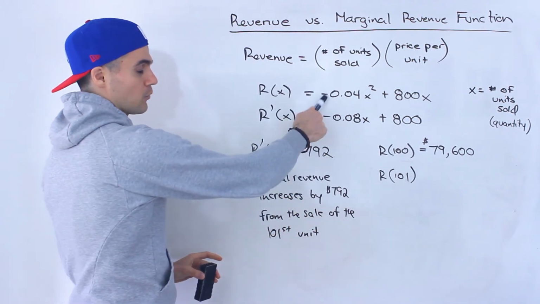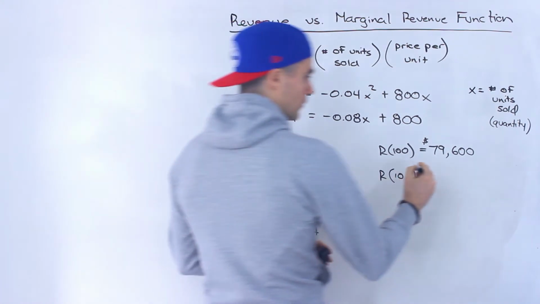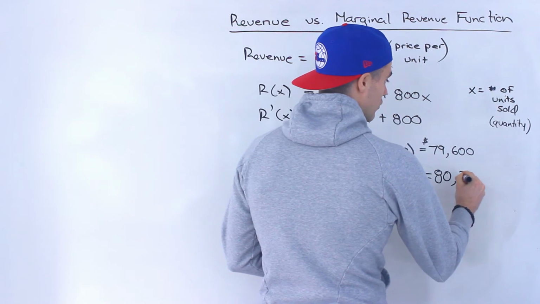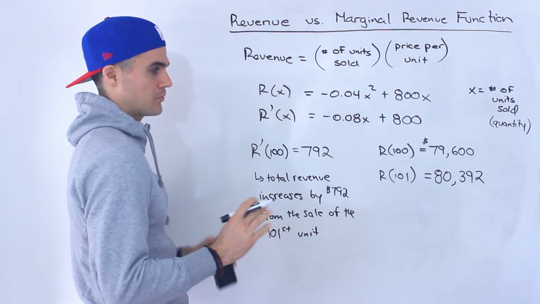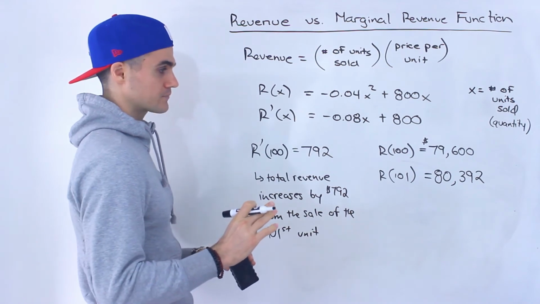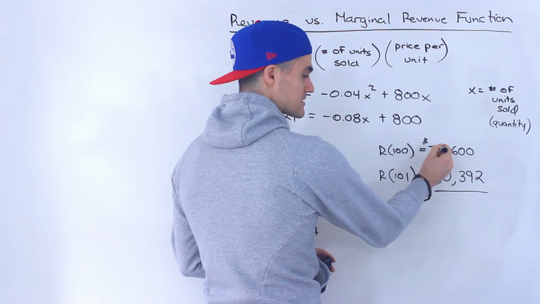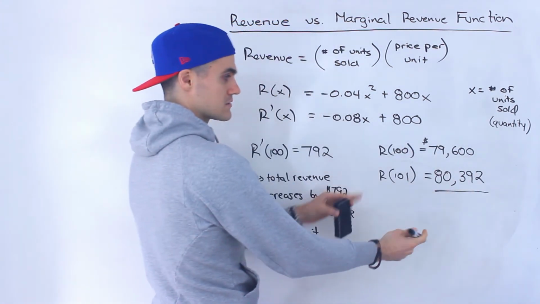If we plug in 101 for this, you're going to get a decimal number, but if you round it, what you would end up getting is 80,392, approximately. And so the revenue went from 79,600 to 80,392. What's the difference between that?